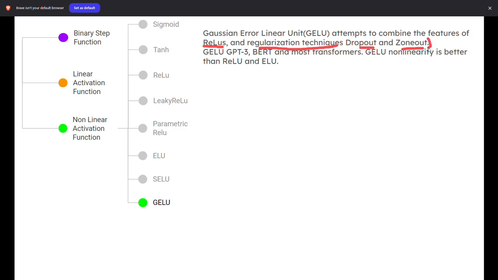Zoneout is basically it will not drop out, but instead it will just take the initial value. It will not update, but it will just take the initial value.